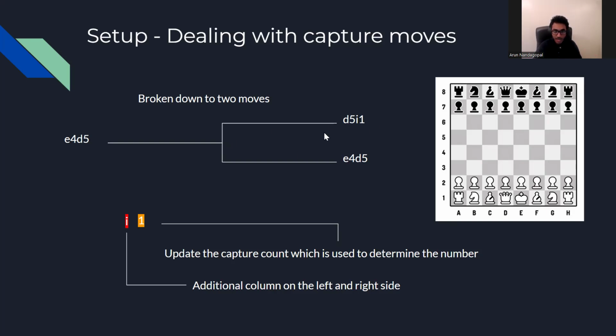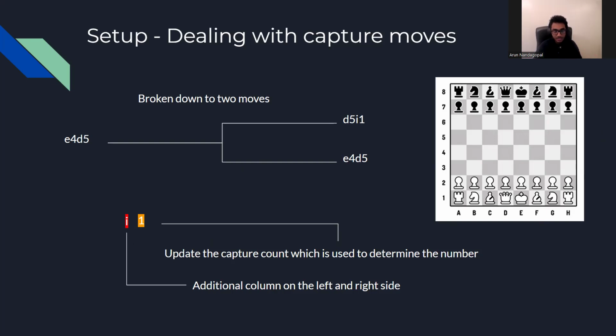So, for example, in I1, the I represents the first column for whether it's a black piece or a white piece, and 1 represents the number of pieces it has captured.